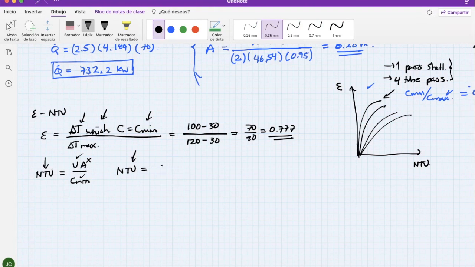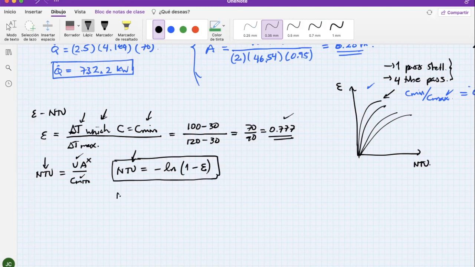So I'm going to put the formula here. Let me locate it in my notes. Yes, I found it: NTU equals minus the logarithm of 1 minus the effectiveness. It's a very simple, short formula for the NTU in terms of the effectiveness that I already have. I just need to calculate this, and it gives me 1.504.